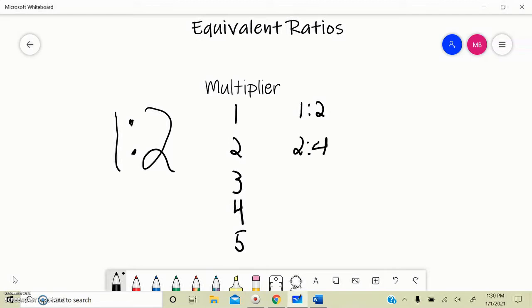When we multiply that base ratio by 3, we get 3 to 6. Multiply it by 4, we would get 4 to 8. And if we multiply it by 5, we get 5 to 10. So you would just use these multipliers and multiply it by that base ratio.